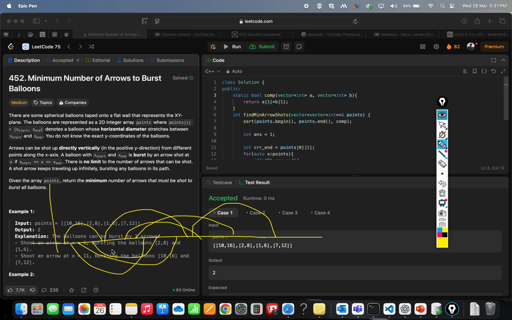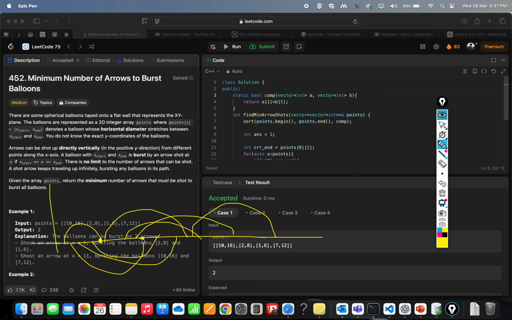So these are some ending points, and we will sort our array based on the ending points, and we'll take the end of the first element. Then we'll go to the next ending point, the next element, which will be this, because this end is coming just after this.